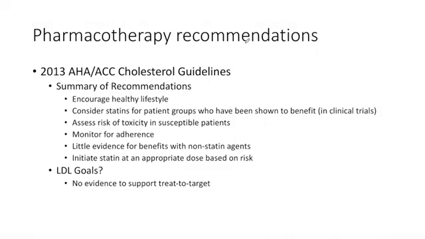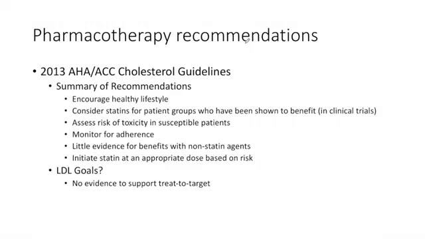So LDL goals, all right. Previously they were like a hard target: you need to get your LDL below 70, or less than 100, or less than 150. Now we have these soft targets. In my world, if you already have coronary vascular disease and diabetes, we're driving to less than 70, hopefully.